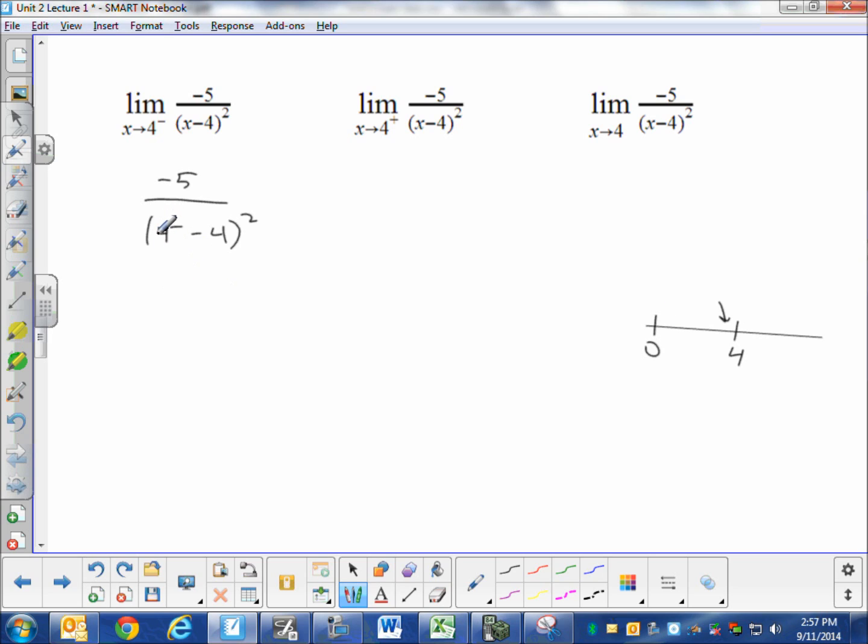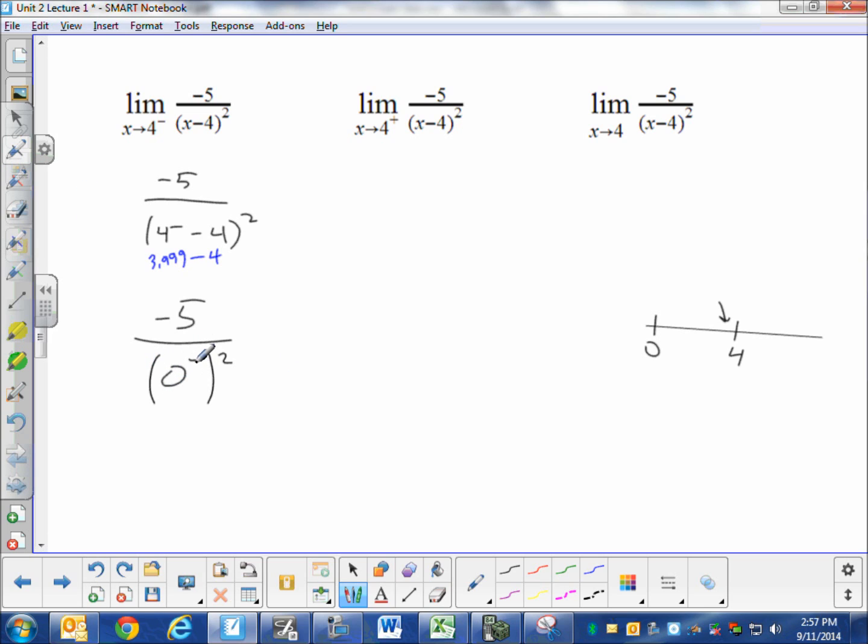Well, that number minus 4 is going to be close to 0, and it's going to be negative. If you can't see that, you do the step in the middle, and you say, okay, 3.999 minus 4. This is less than this, subtracting a bigger number. This will be something that has to be negative.